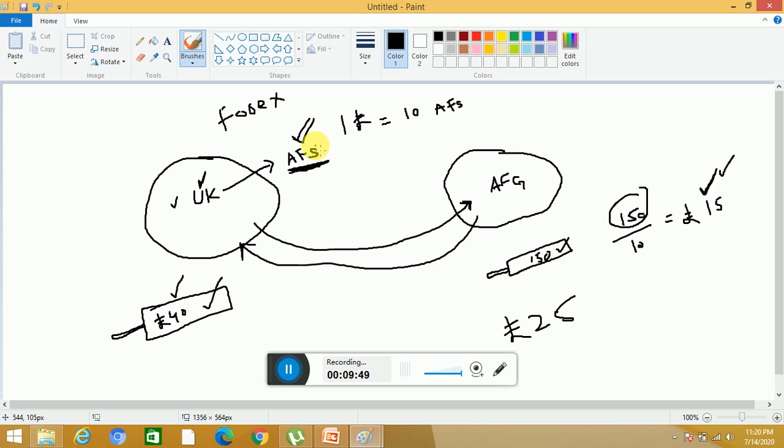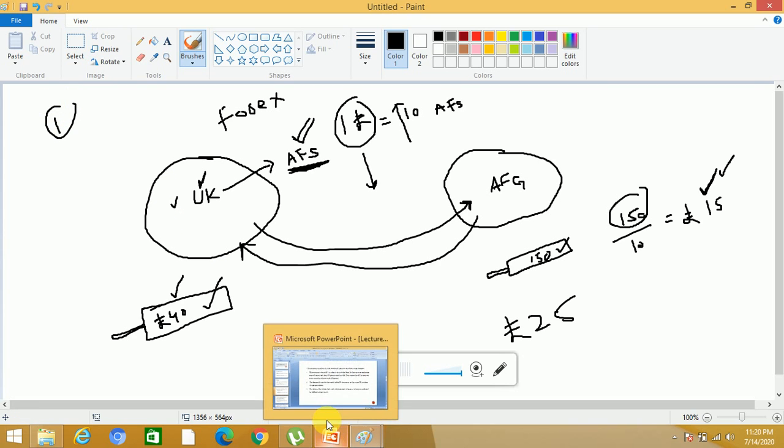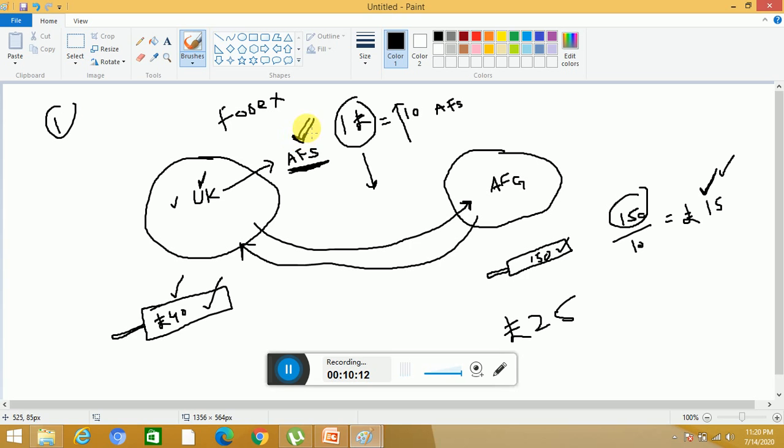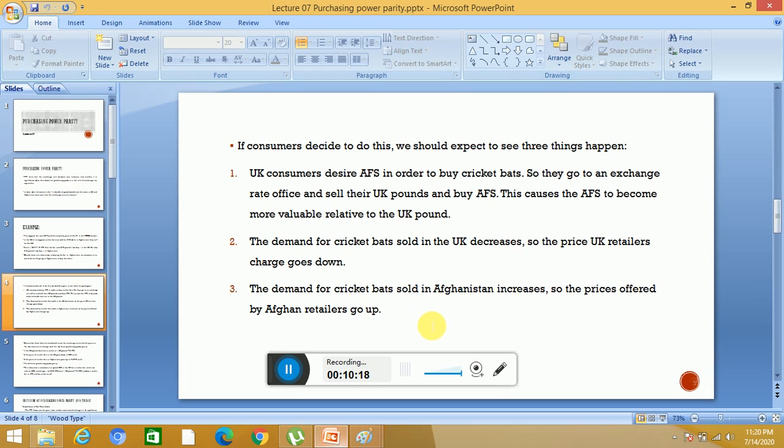When Afghanis become more valuable, then the value of the UK pound will come down, and the value of Afghanis will go up. This is the first thing. The value of Afs will increase, and the value of the UK pound will decrease. Just keep this in mind.